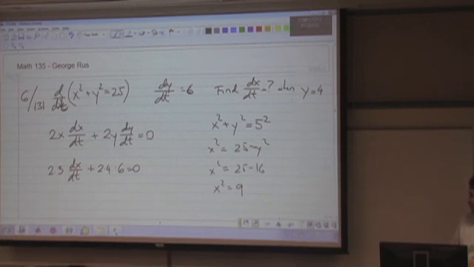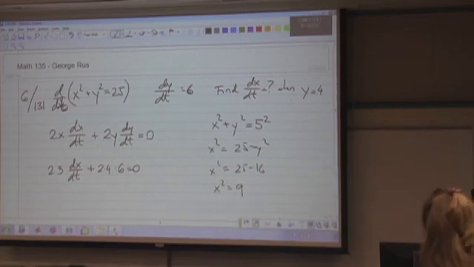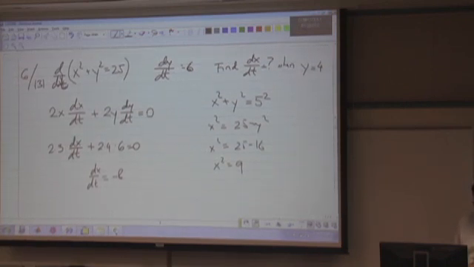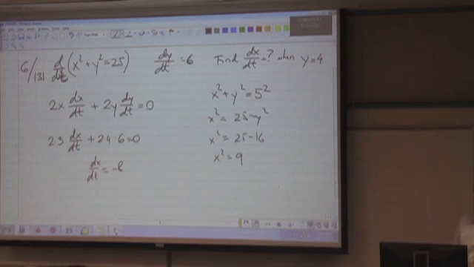But in reality, we're usually assuming it's positive, because we're talking about positive distances. So, anyway, dx over dt is minus 8. Is that making sense?